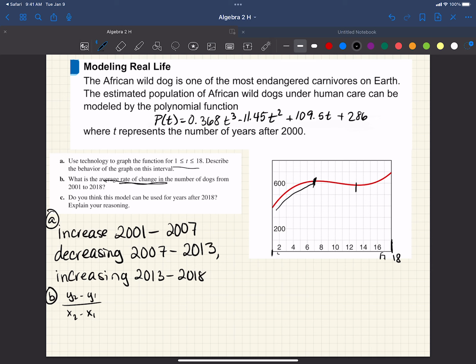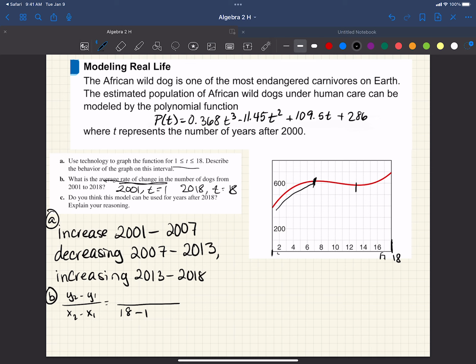I'm once again just going to take the information from the textbook, which is where this question comes from. Remember that 2001 is really when t equals 1, and 2018 is t equals 18. So when I plug this in, I'm actually going to do 18 minus 1.